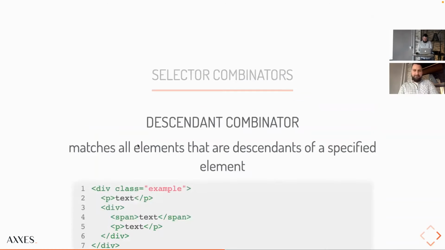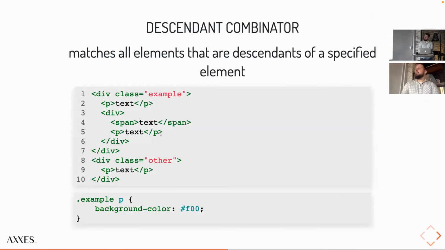Selector combinators. This is also a great part of CSS. For example, this is our HTML, and we only want to select the p tags below the example class.